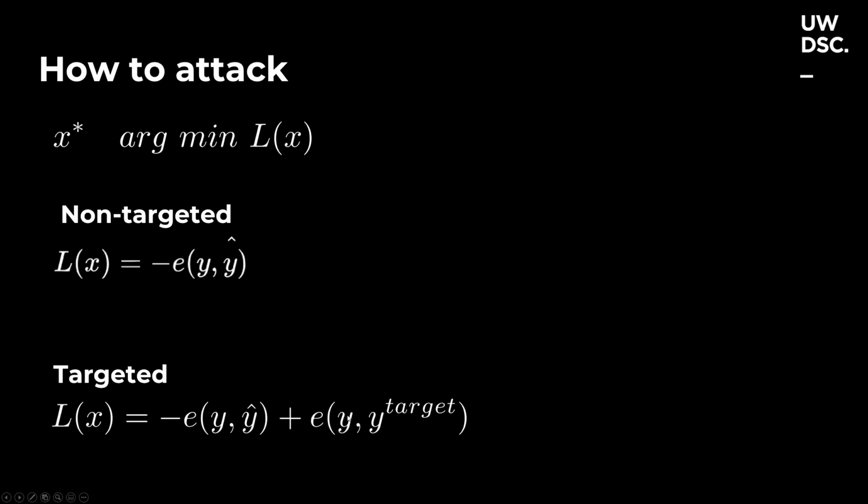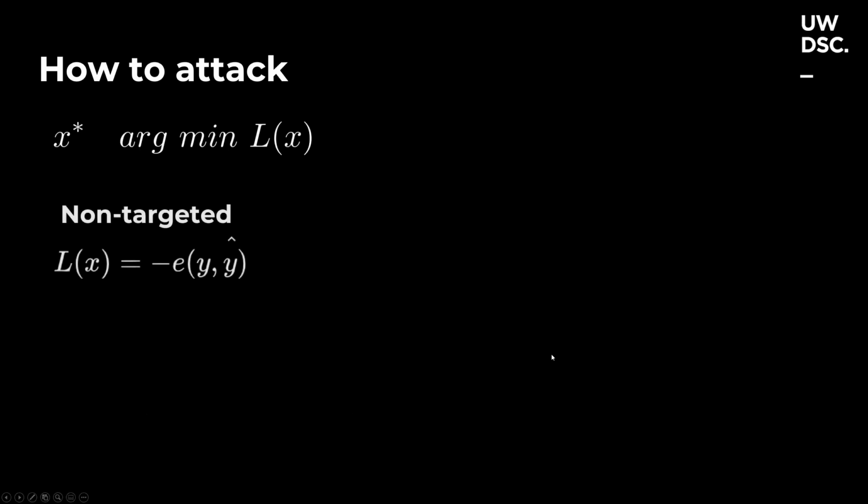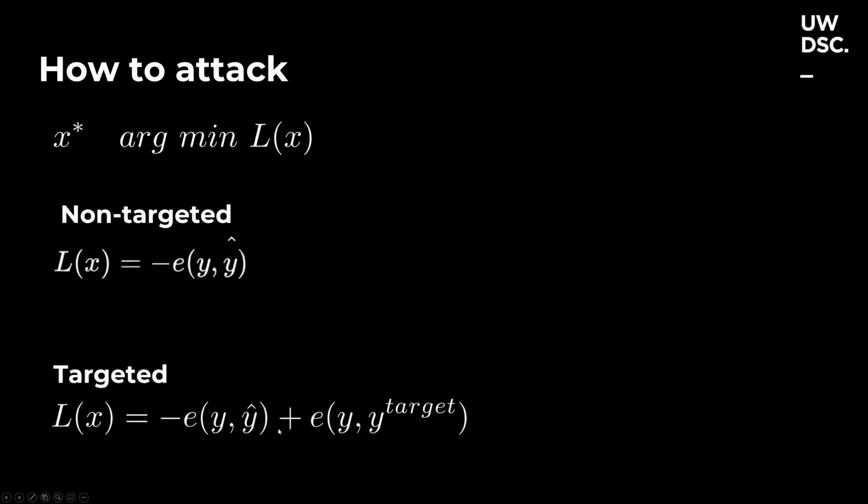Why do we have both terms and not just the one on the right? Why keep both? If you only have the term on the left, that's basically non-targeted. And if we only have the term on the right, then that would be basically approaching our design. I mean, there are some trade-offs.